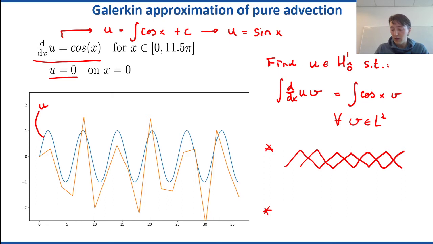Now, if both u and v live in this space of continuous functions, the derivative of u is going to be a discontinuous function. On each element on the left, it's going to be positive, and on the right it's going to be negative. So there's going to be a jump here, but in this space I cannot obtain a function that looks like this.